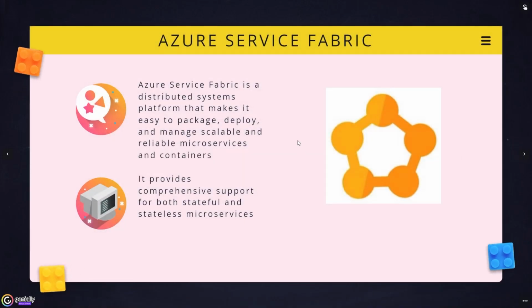Azure Service Fabric is a distributed systems platform that makes it easy to package, deploy, and manage scalable and reliable microservices and containers. It provides comprehensive support for both stateful and stateless microservices.